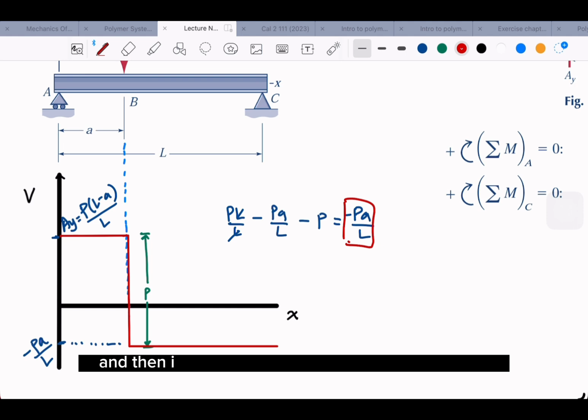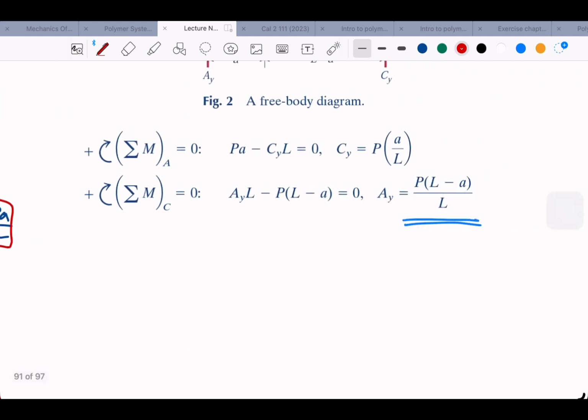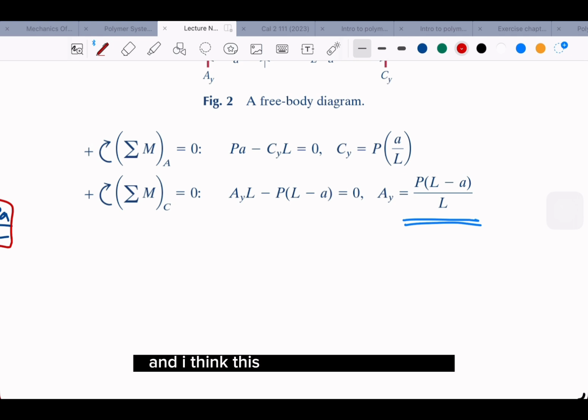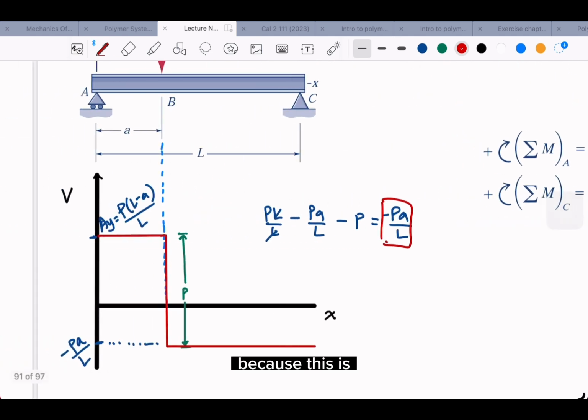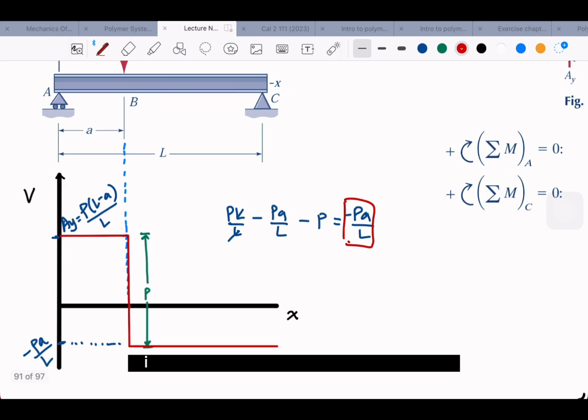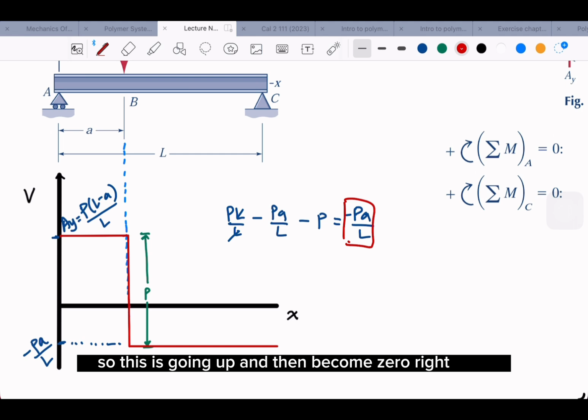And then I think our system is good because our CY is also PA over L. And I think this is just to prove that our diagram is correct, because all the value will be 0. Okay, I think we can also relate to statics, right? So this is going up and then becomes 0, right?